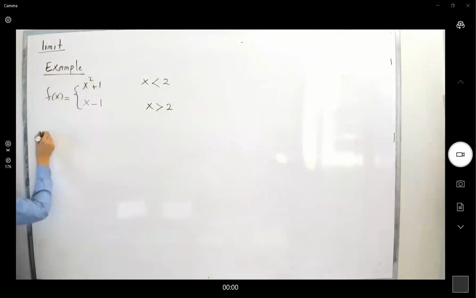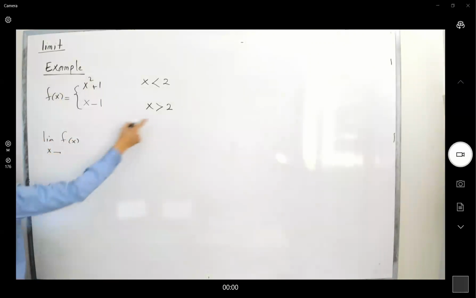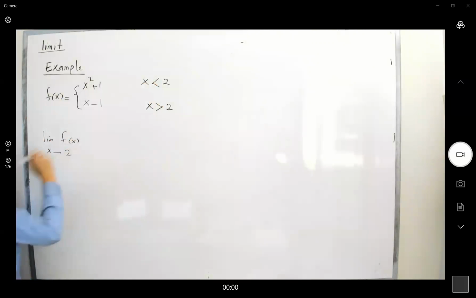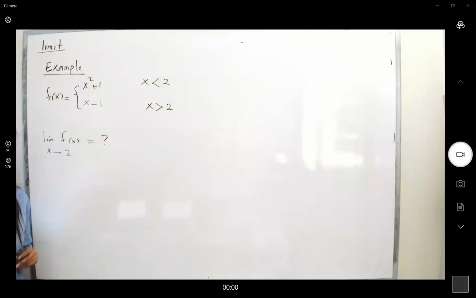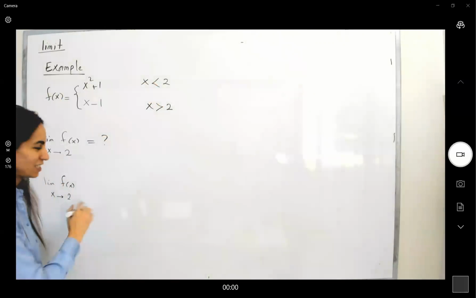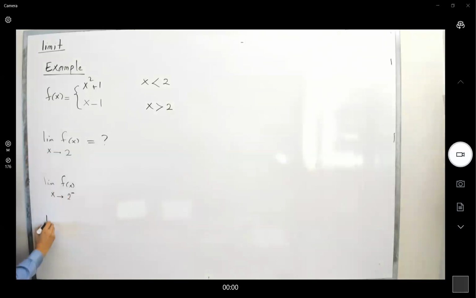We're interested in finding the limit of this function while x goes to the boundary, 2. What is the limit of this function? Well, to find the limit of the function, recall that we need to find the limit while x goes to 2 from the left, and find the limit of the function while x goes to 2 from the right-hand side.